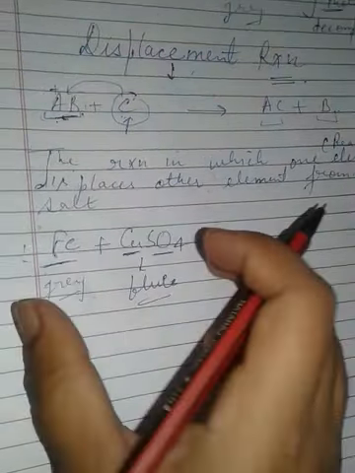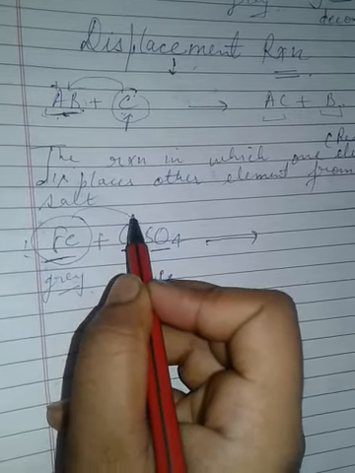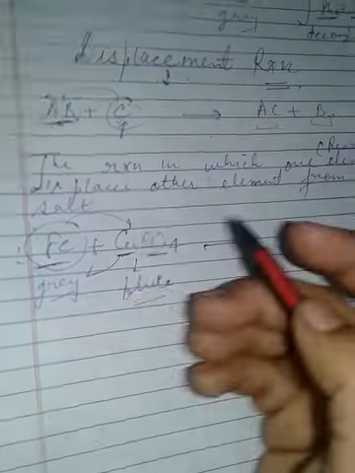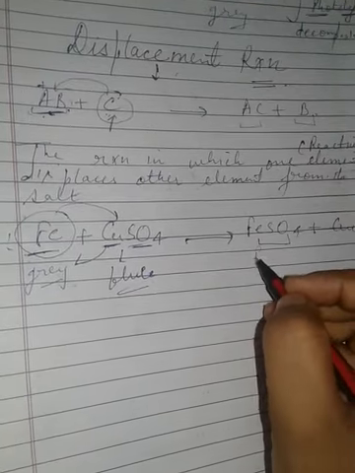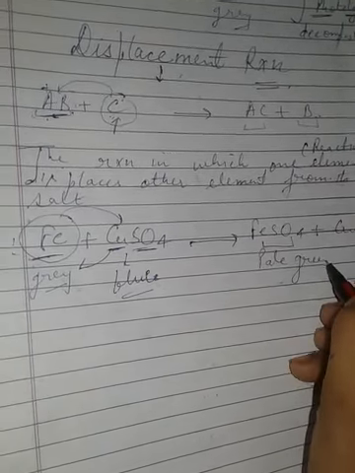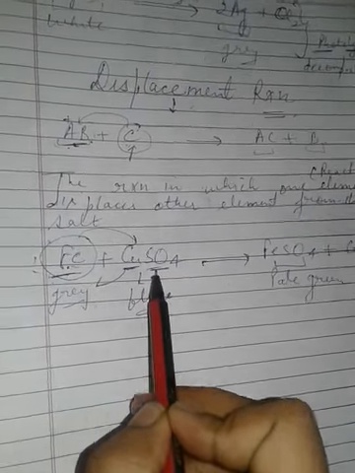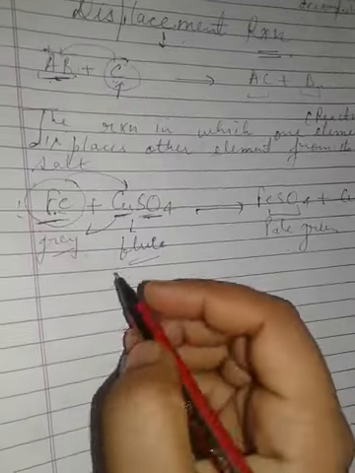If we keep this solution for some time, we will observe that the iron attaches with sulphate, and the copper which was attached to the sulphate is displaced out. The reaction turns out to be ferrous sulphate plus copper. Ferrous sulphate solution is pale green in color. So the reaction in which one element displaces another element from its salt is known as a displacement reaction.